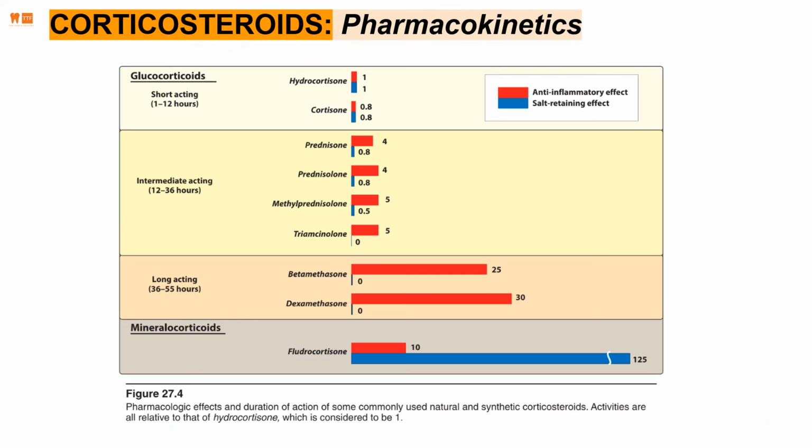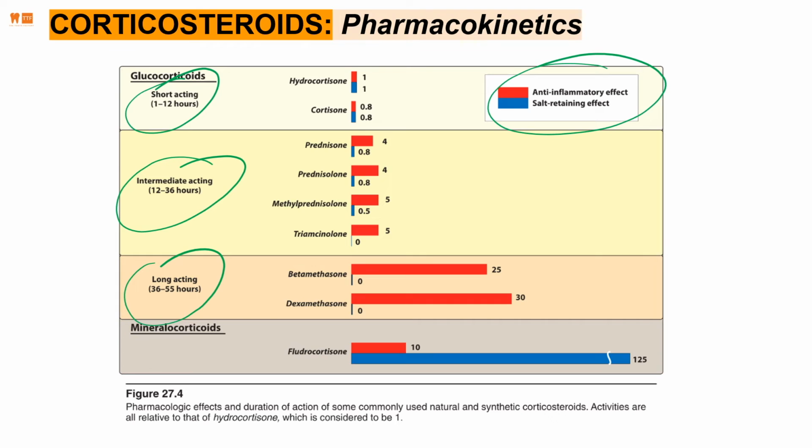This is a chart that shows pharmacokinetics in terms of the short-acting and long-acting glucocorticoids and mineralocorticoids. All it's trying to show us is anti-inflammatory effect and salt-retaining effect. You can see that glucocorticoids have a lot of anti-inflammatory effect, especially betamethasone and dexamethasone.